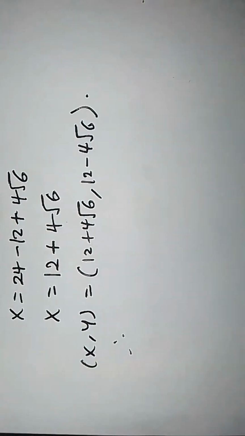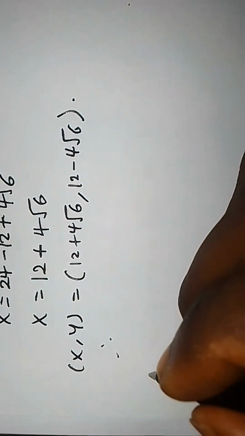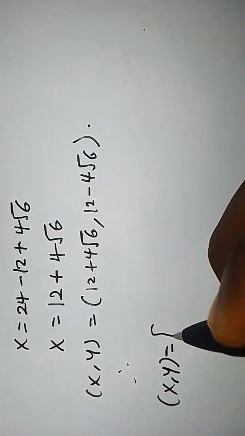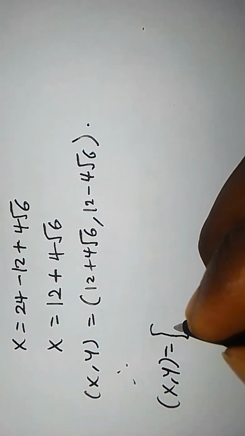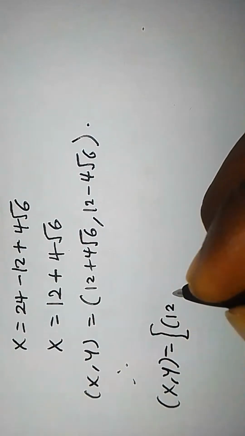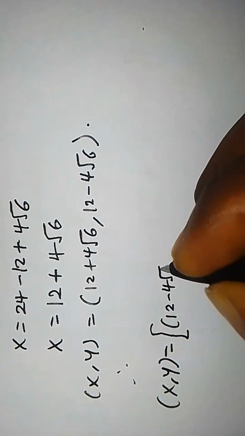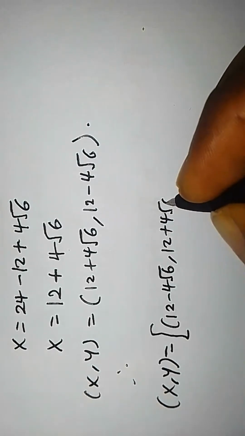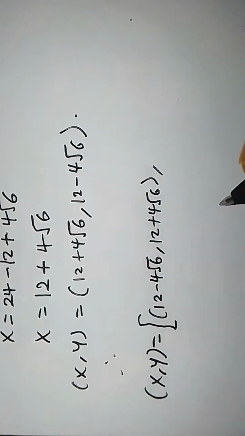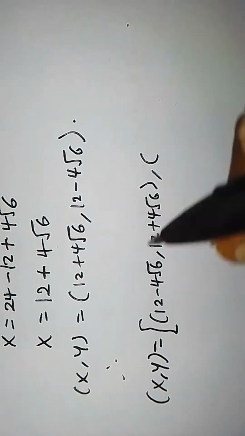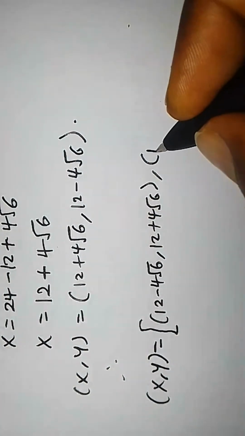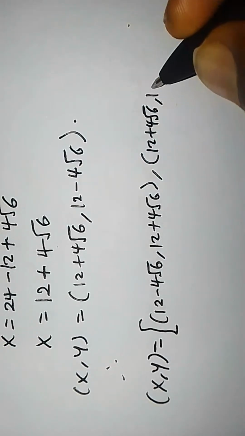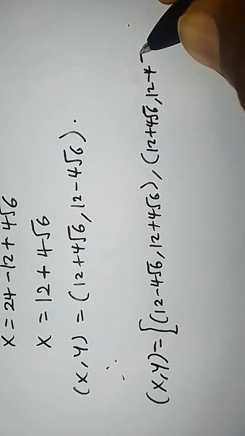Therefore, all the solutions that we have, x comma y is equal to the set of, the first solution is 12 minus 4 root 6, comma 12 plus 4 root 6. And the second solution is what we have here, 12 plus 4 root 6, comma 12 minus 4 root 6.